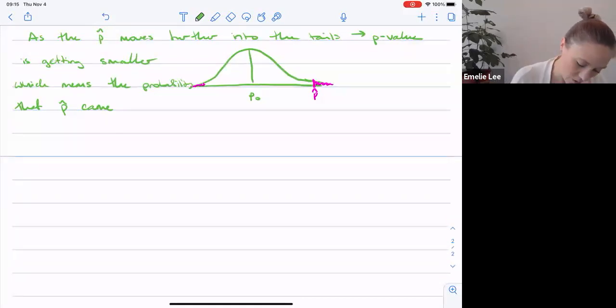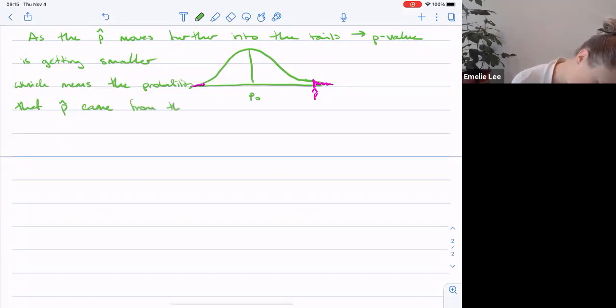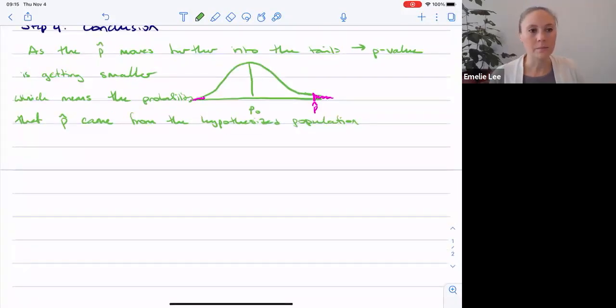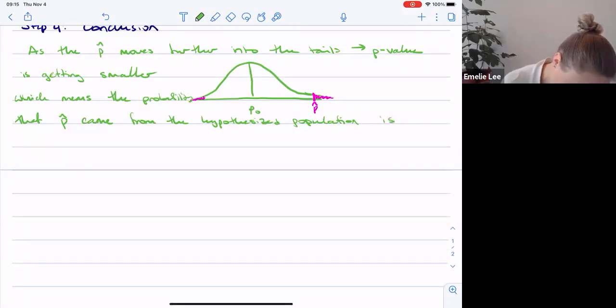So the probability that p hat came from the hypothesized population is becoming less likely.